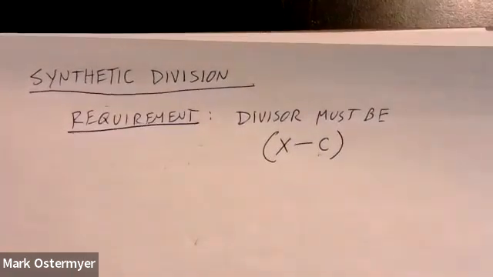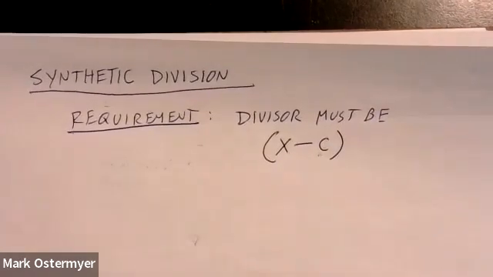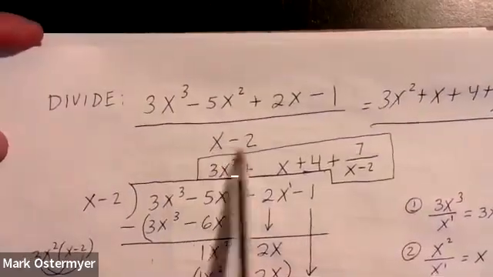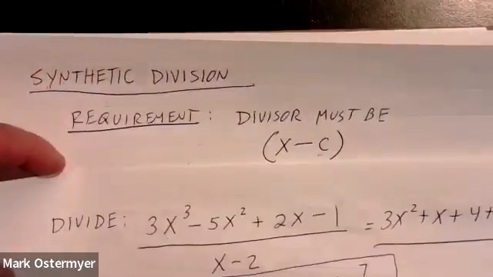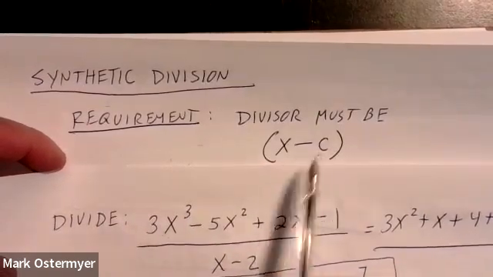That is a requirement, and that is a little bit of a restriction, okay? That does not enable synthetic division to work for all cases. But it will work for any divisor that looks like this. And you agree that my divisor x minus 2 looks just like that? Isn't that true? Doesn't my x minus 2 fit the bill here for my divisor x minus c? It works, doesn't it?